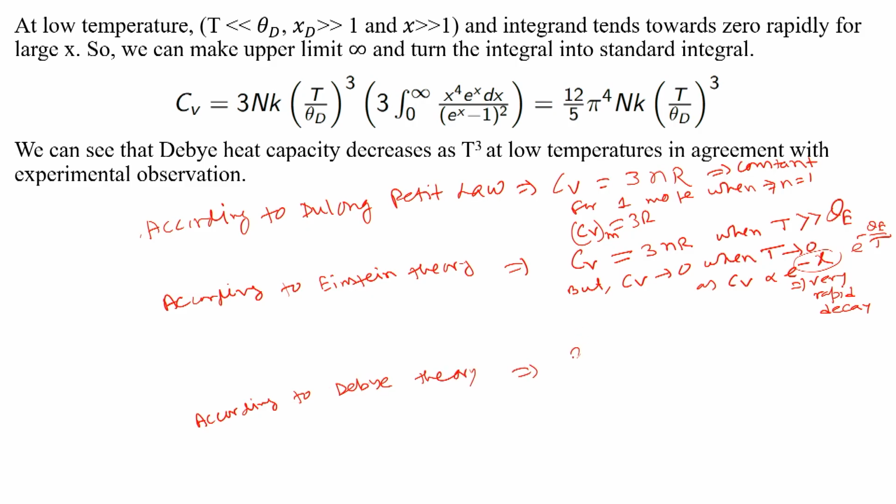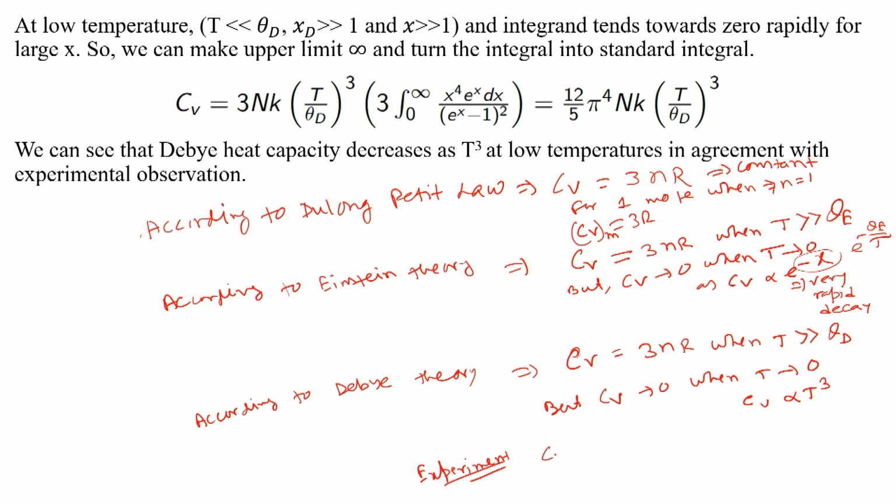Cv is 3nR when T is much greater than θ_D, the Debye temperature. But Cv goes to 0 when T goes to 0, and here Cv is proportional to T^3. And experiment says Cv is proportional to T^3 at the low temperature limit.